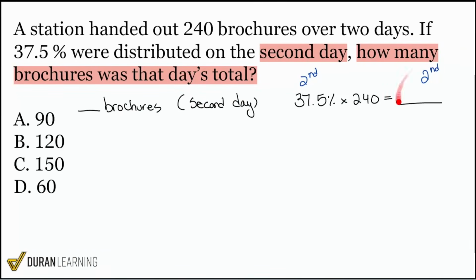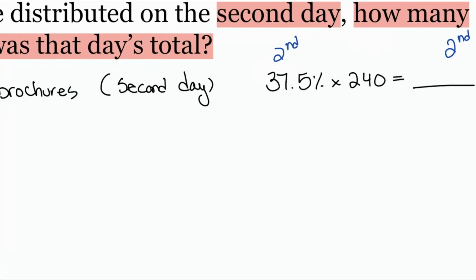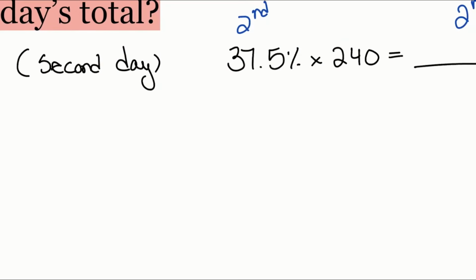Because we want to know the amount of the second day's brochures, we want to plug in the percent for that second day. And there's that percent for the second day right here. So if we plug in the percent that represents the result that we want, then we're good. We just calculate and we're done. The only issue is that we're dealing with that decimal, that's going to make things a little harder.